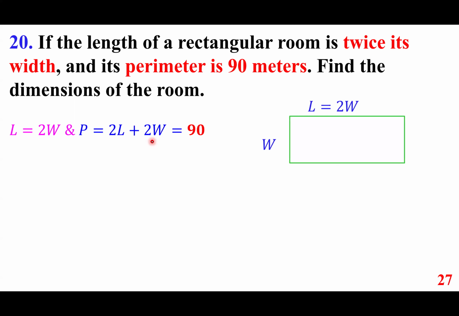Now we can solve this by simply replacing the L with 2W. So if I replace the L with 2W, I get 2 times 2W or 4W. 4 and 2, 6W is 90.